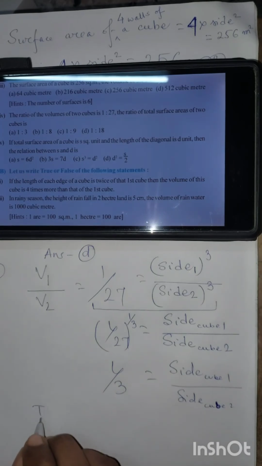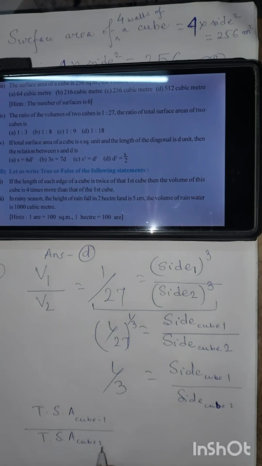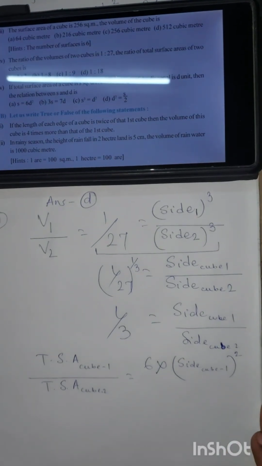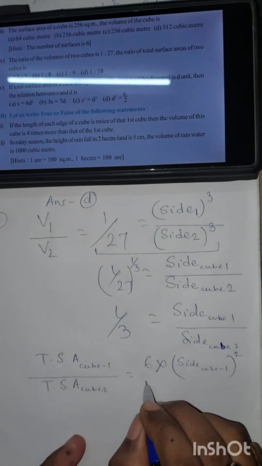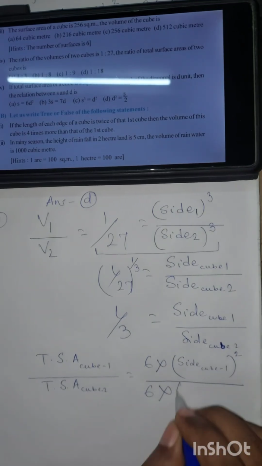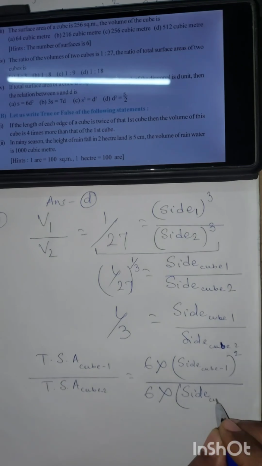So total surface area of cube 1 by total surface area of cube 2 is equal to 6 into side of cube 1 whole square by 6 into side of cube 2 whole square.